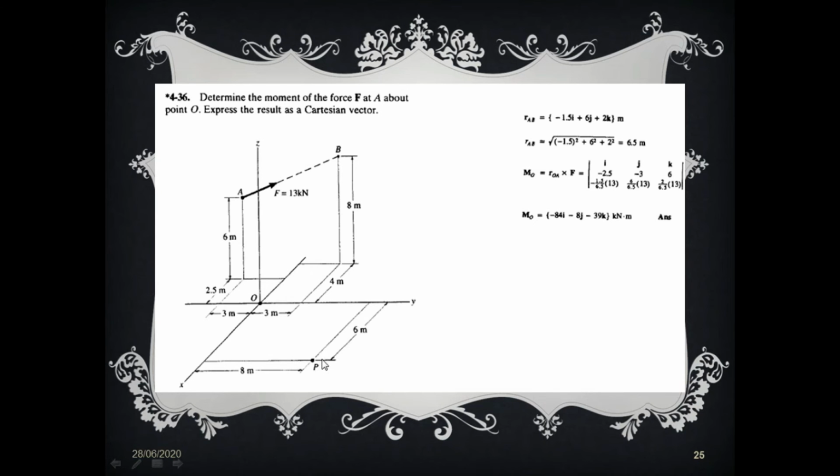You will take the position vector RPA, coordinates of P minus the coordinates of A, and you will get the moment at P. So same numerical, just a little bit of variation: the position vector ROA changes to RPA, and the moment will be slightly different compared to the moment at O.